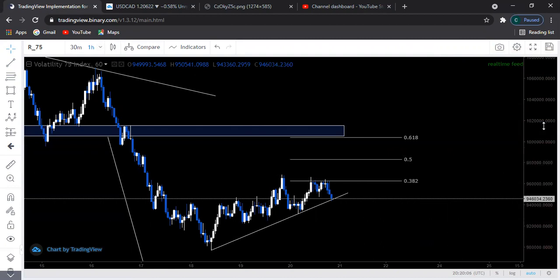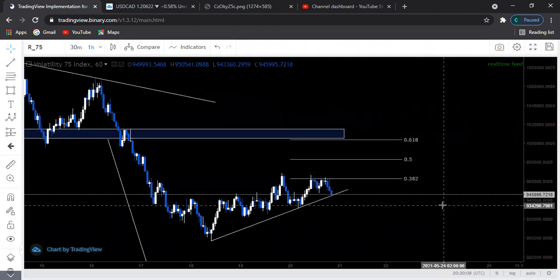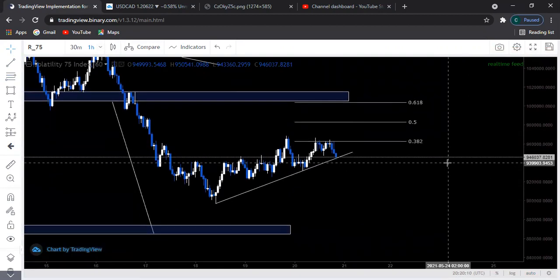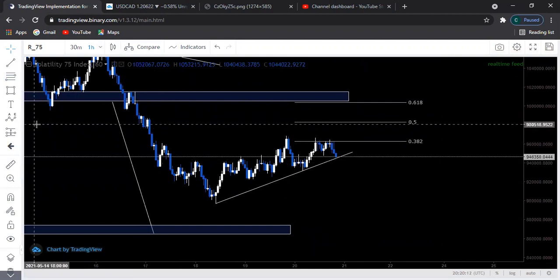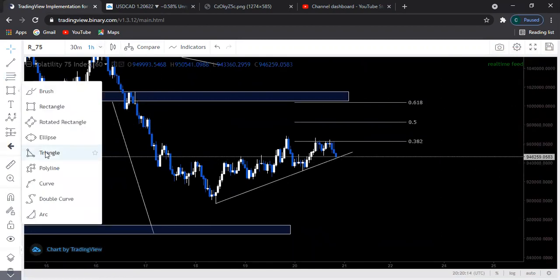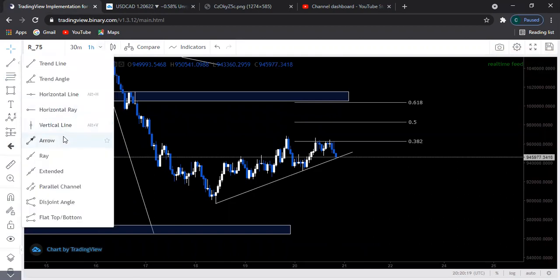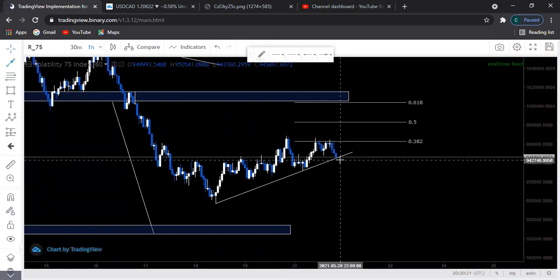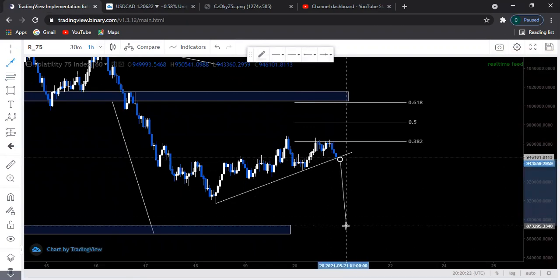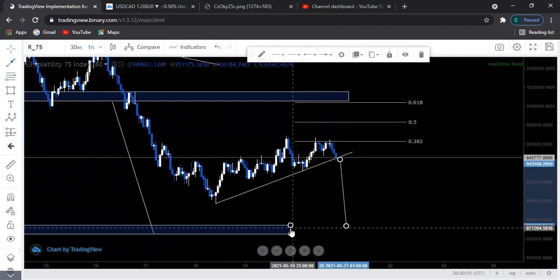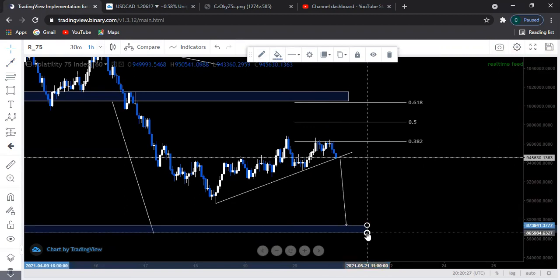Okay, so prices still haven't broken the trend yet, but they're well on their way. So what I'll be anticipating is that if prices break below this trend, I'll be expecting to see prices hit this zone here as the first profit.